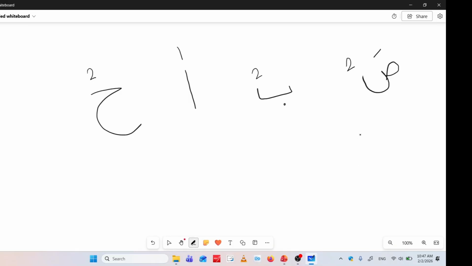With that being said, this is the initial sa. This is the ba, the middle ba. Okay, and here we are attaching it to the alif.